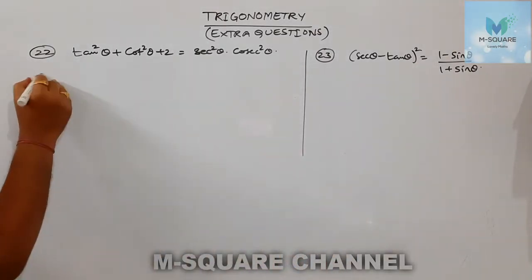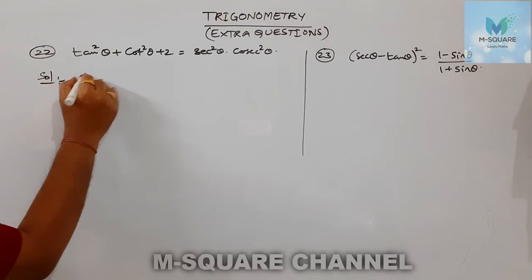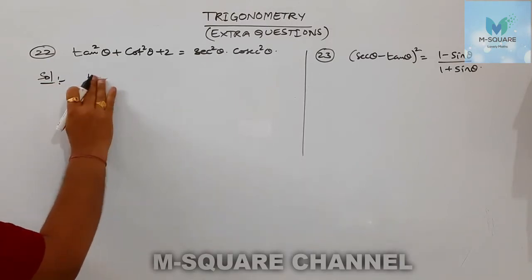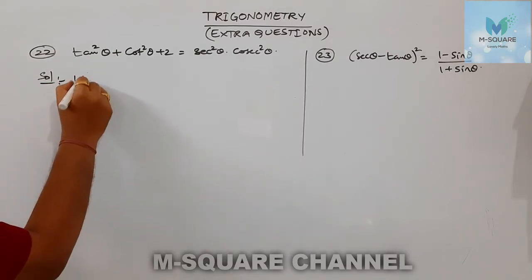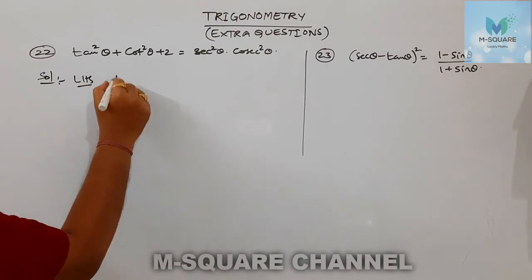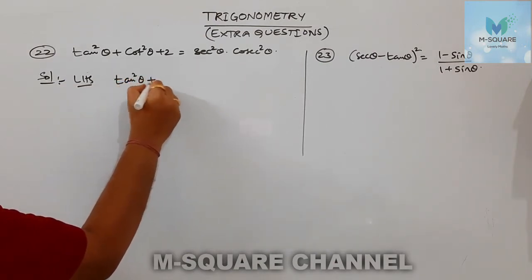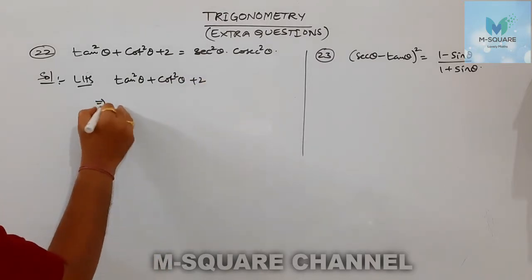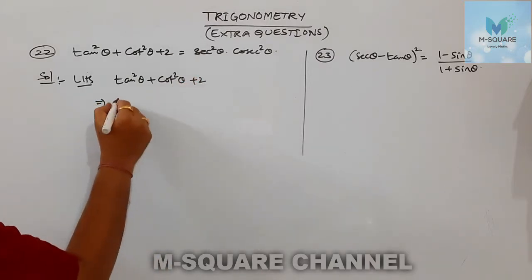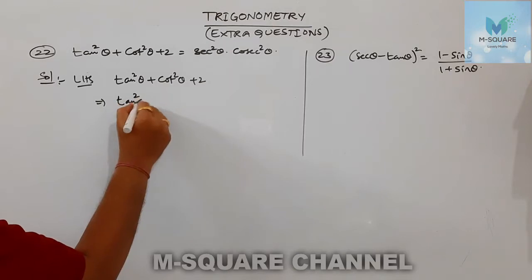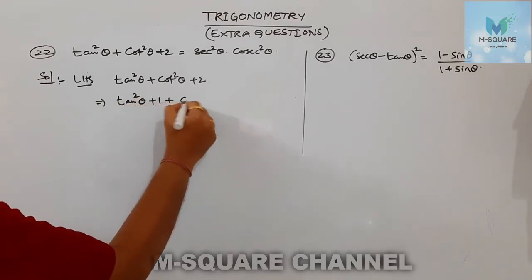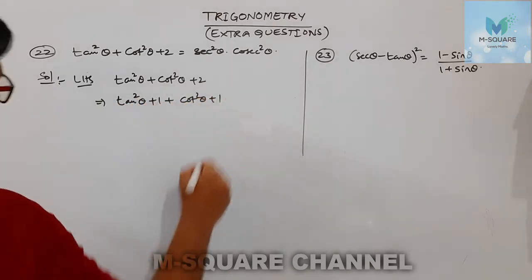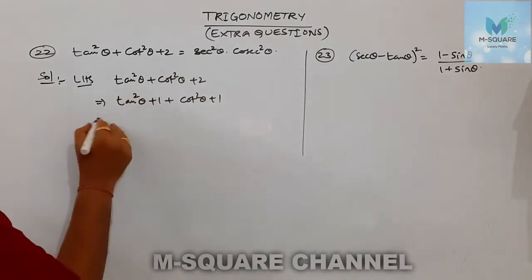Now, first question, solution. I am taking the LHS, tan square theta plus cot square theta plus 2. That means these 2 you are going to split into two parts: tan square theta plus 1 plus cot square theta plus 1, since 1 plus 1 is 2.